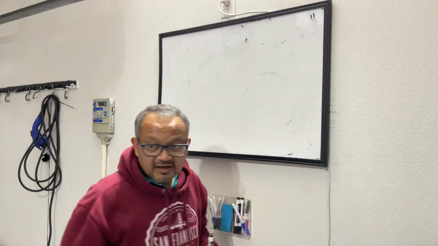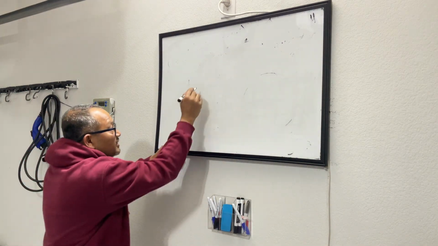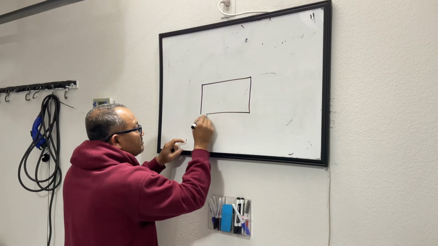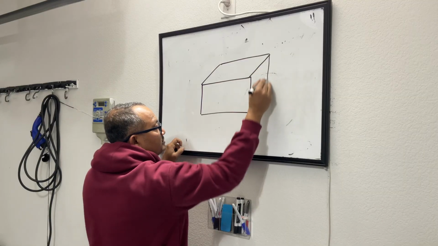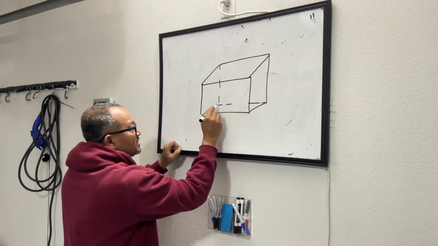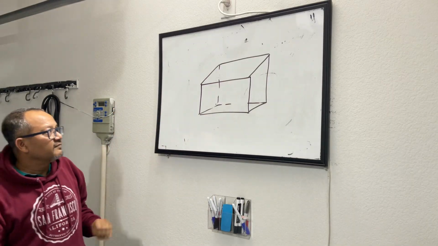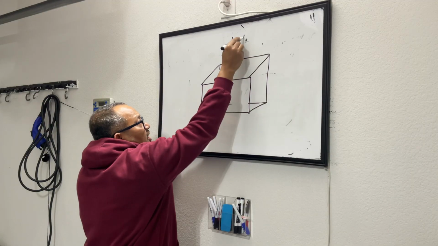Now let's look at the compound object concept. Let me give you a situation to deal with. At first glance, it looks like a cuboid to you, right? I have a pillar on the top of it.